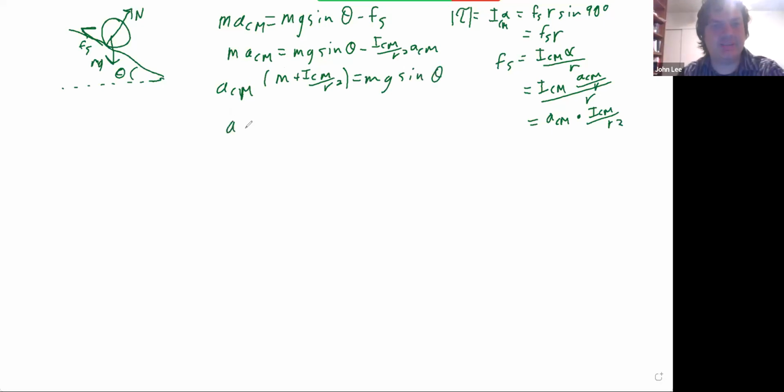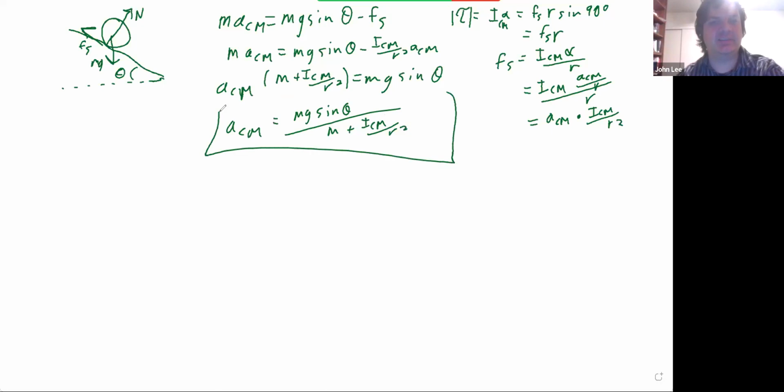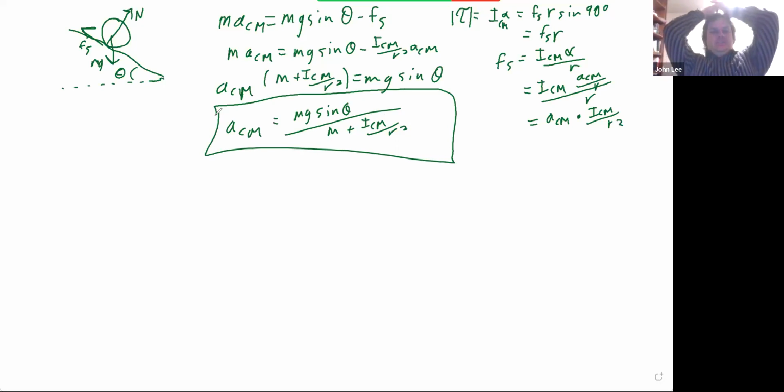So A center of mass is equal to mg sine theta divided by m plus I center of mass over R squared. So this is going to give us the acceleration, if we're rolling without slipping, through the center of mass of the object.